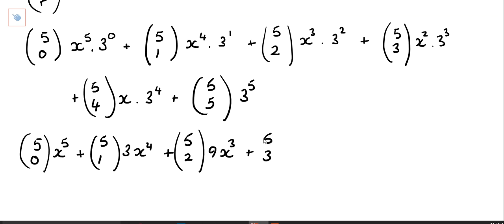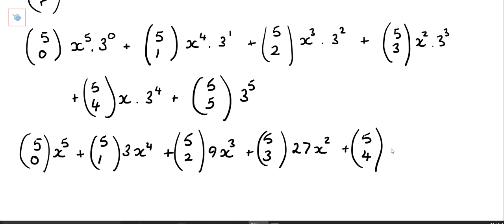Plus 5C3, 27 x squared. I'm just timesing it by 3. Come on, it's 9 times 9, 81.